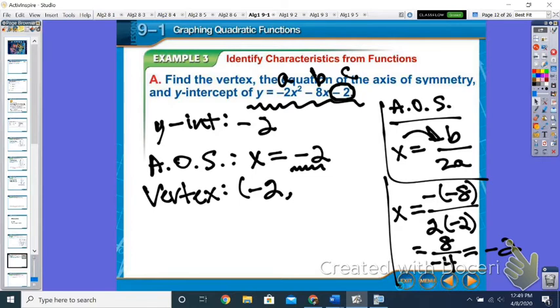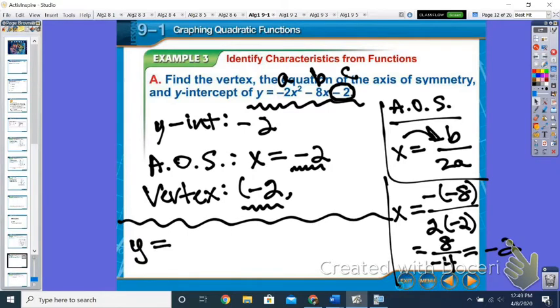The way that we're going to do that is we need to substitute this -2 that we just found back into the original equation. Okay, and there are different ways to do that. I will use the space down here to show you kind of what that should look like, at least as an initial setup. It's going to look like -2 times -2 squared minus 8 times -2 minus 2.